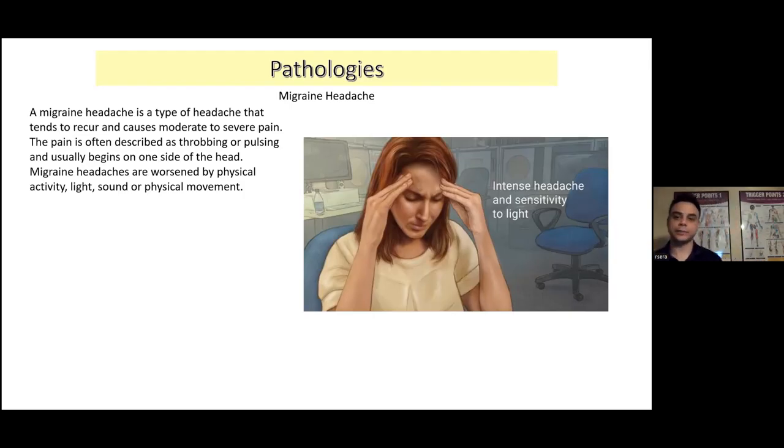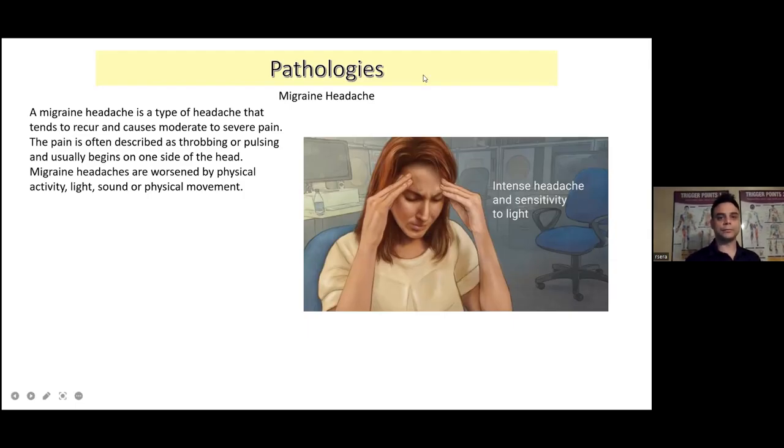But migraine headaches can be caused by light sensitivity, stress, nutrient deficiency, or hormonal imbalance. They could be caused by a whole bunch of things that massage can't really help too much with, right?